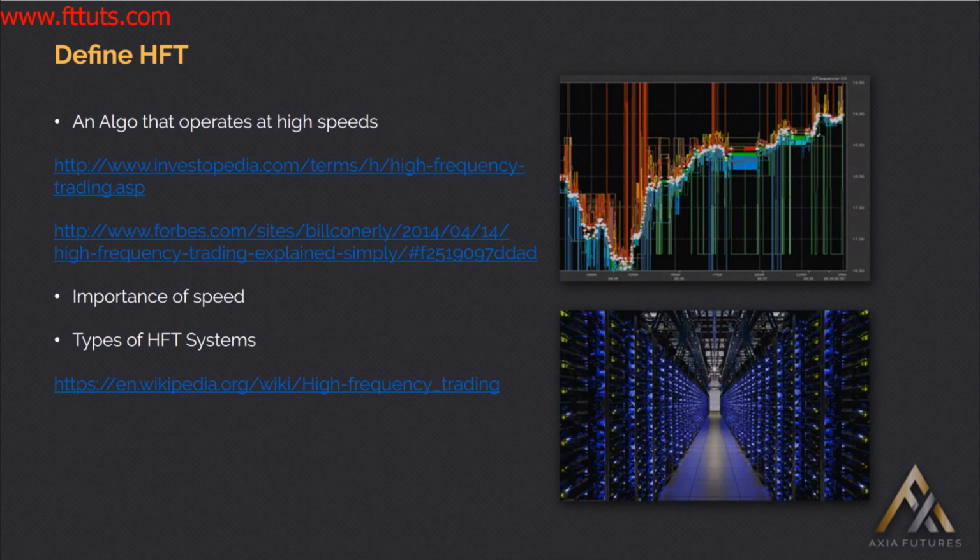Now let's define HFT, or high frequency trading systems. Effectively, an HFT is an algorithm that operates at extremely high speeds. We're talking almost about nanoseconds, and it is important because there'll be a whole bunch of different algorithms, all with the same strategy, but the ones that are able to execute at a quicker speed will get the price that they want.